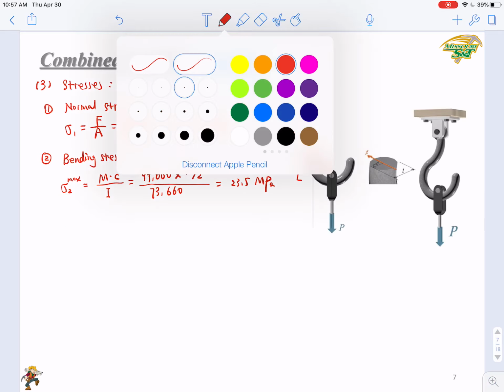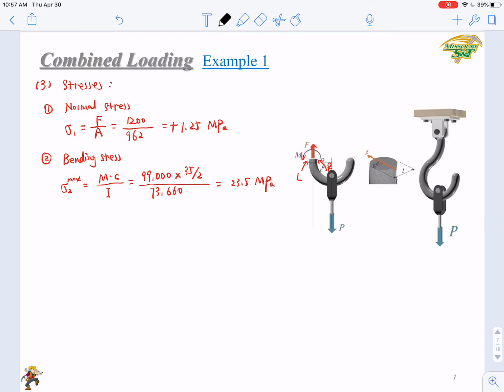Let's use a different color to note it. Okay, on the left-hand side, the stress is negative 23.5 MPa. And on the right-hand side, it will be positive.